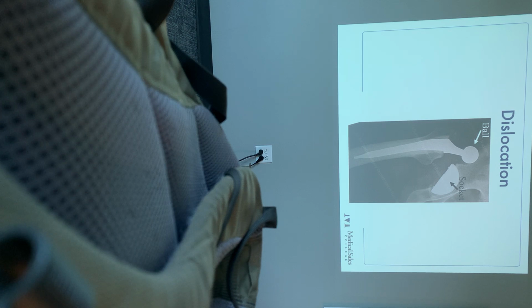And of course, in the hip, what we have, which is unique, like the shoulder, is dislocation, and that's a big, big deal. Obviously, if you've just gone through a surgery and you've had implants done, you don't want to see this, because you'd hate to have to go and revise an implant because it's not stable. And why?